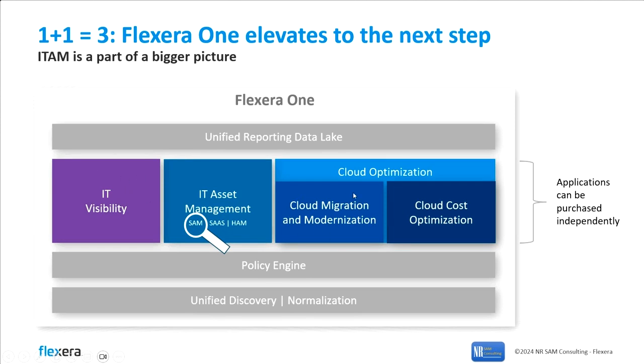Just to finish on the plus, we're no longer talking about Flexera One ITAM, but if you move to Flexera One, you can also expand to cloud optimization, which includes cloud migration and modernization and cloud cost optimization, two solutions that will connect seamlessly to your cloud service providers' portals: Azure, Amazon Web Services, Google GCP.